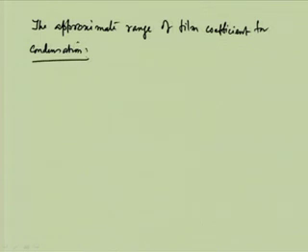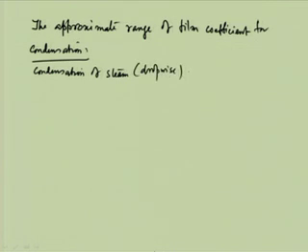This is just to get an idea, to have some feeling about these values. For condensation of steam, dropwise, this is roughly equal to 5,500 to 16,000 watt per meter square per degree centigrade.